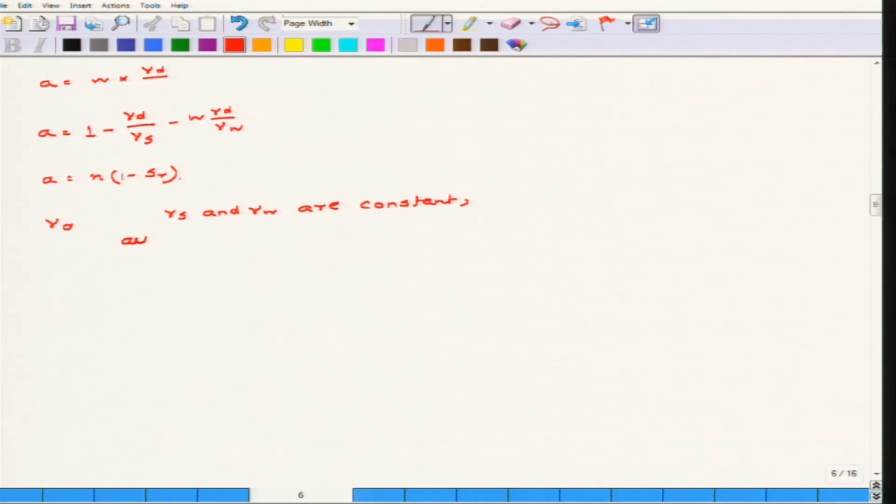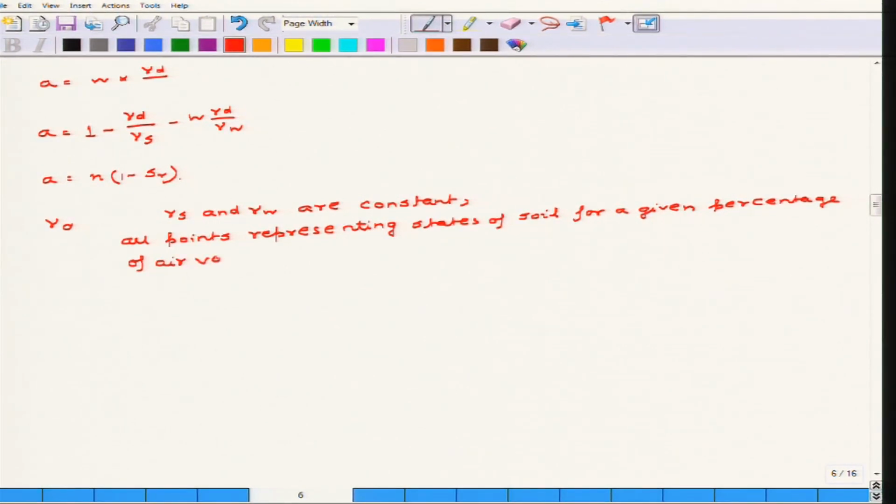So, all points representing states of soil for a given percentage of air voids are on one curve.